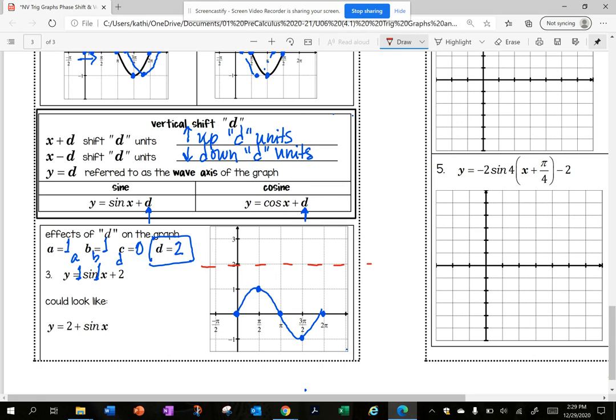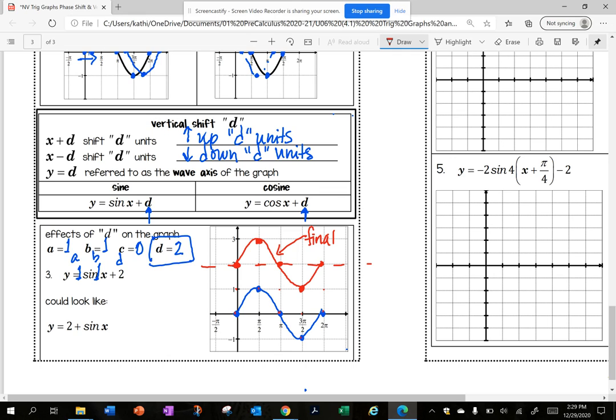And my shift says I'm going to move all 5 of my points up 2. So here I'm going to go 1, 2, 1, 2, 1, 2, 1, 2. Here we go. So we are going to always label our final graph.